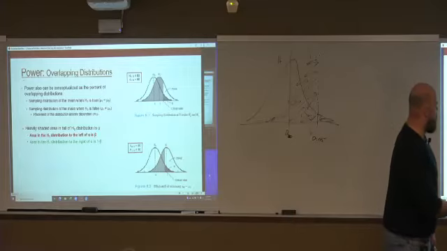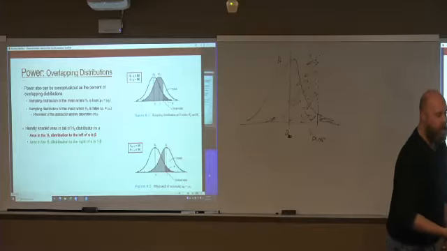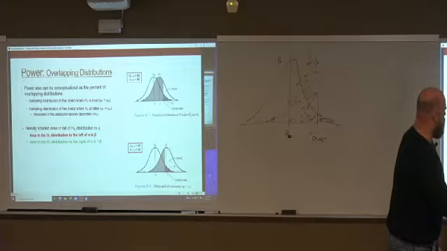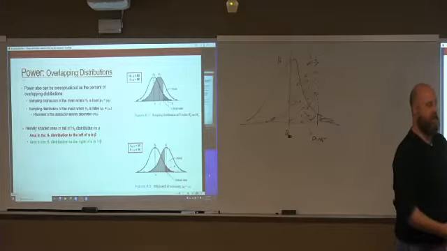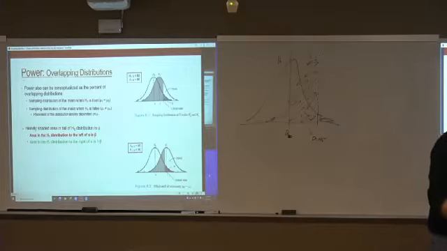No, that's just the tail of that null distribution that contains your critical value. So any score that falls from here over, that's when we get to claim victory and claim an effect. Same with the one above. Anything that falls in this or beyond, we get to claim an effect.